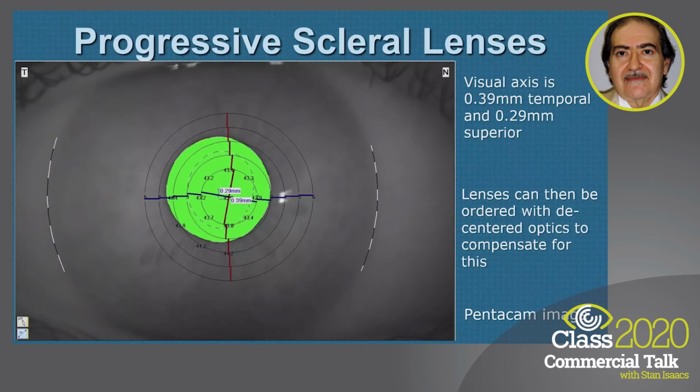So when we do a large size RGP in a progressive form, we do it in prism ballast, plus we decenter the optics as well. And this gives them the best possible correction because they're looking through the exact optics of the lens which they're using all the time. And having an RGP surface which doesn't buckle and doesn't move that much, quality of images are actually very good.